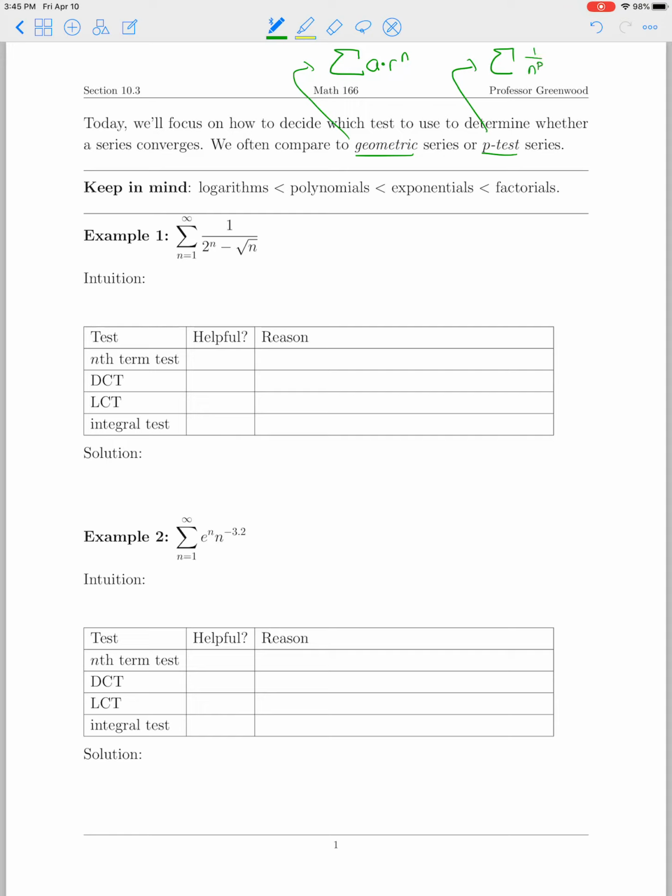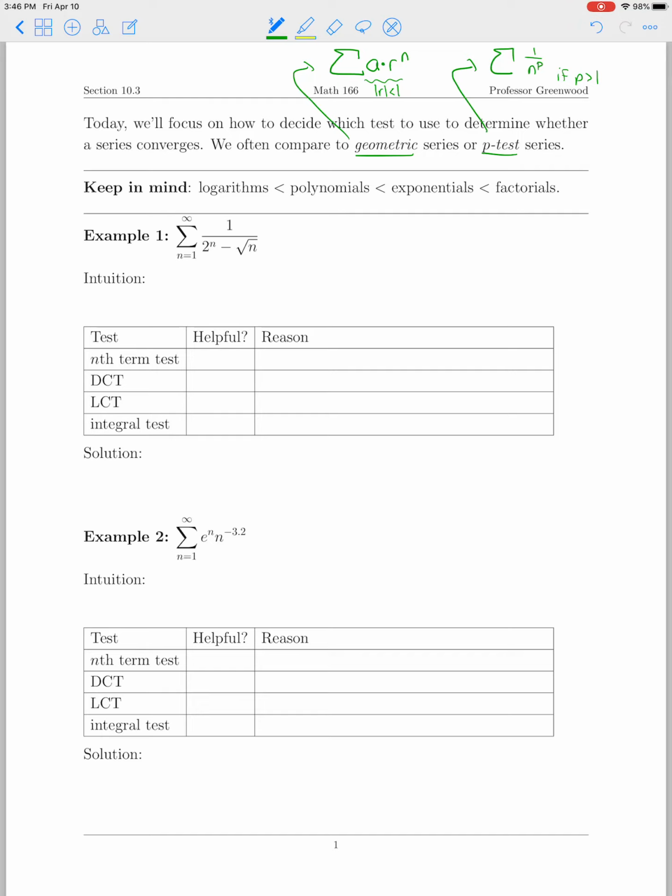And for a geometric series, we know that this will converge as long as the absolute value of r is less than 1. And for the p-test sort of series, we know that this converges if p is greater than 1. And in both cases, if the other condition is met, so if the absolute value of r is greater than or equal to 1, or if p is less than or equal to 1, then the series will diverge.